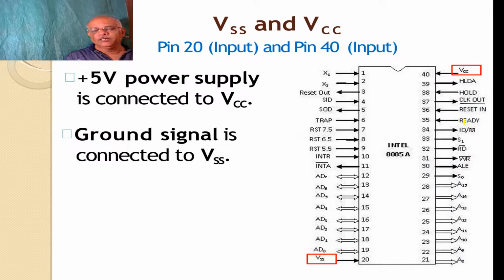Thereby, he will be able to understand the functioning and perform programming with the microprocessor 8085. So, at this moment, we have finished the 40 pins of 8085. Let us stop here, and in the next lecture, we will go with the architecture of microprocessor 8085.